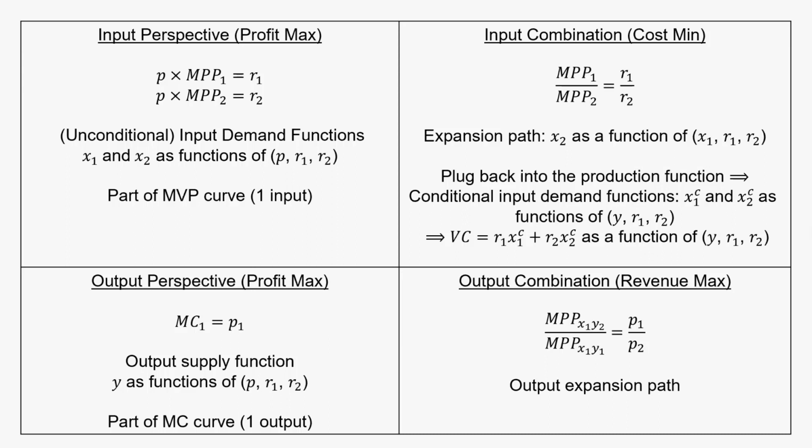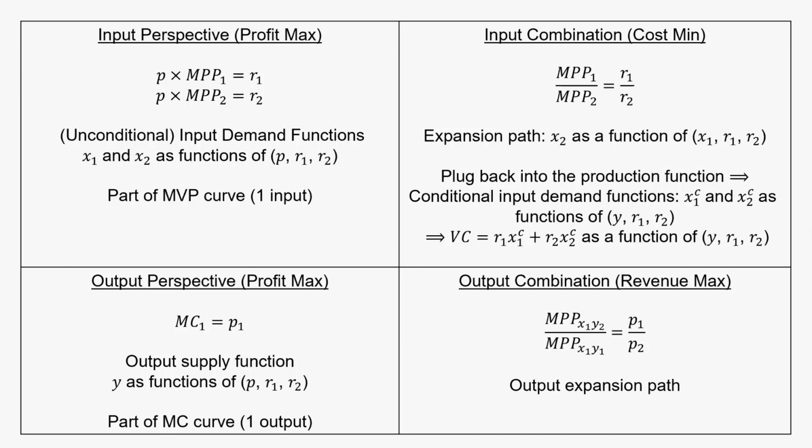We also spent some time talking about the input demand functions and output supply functions, and I also put here how you can derive those functions. So first is the input demand functions.